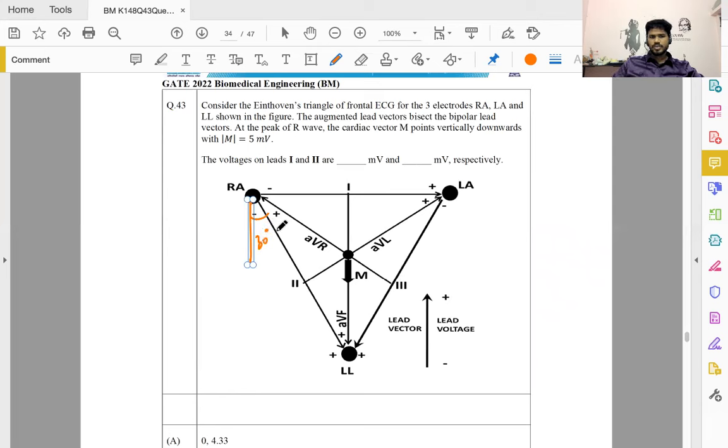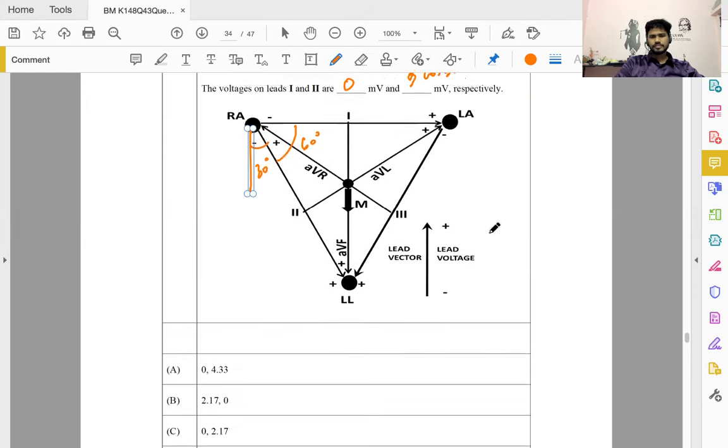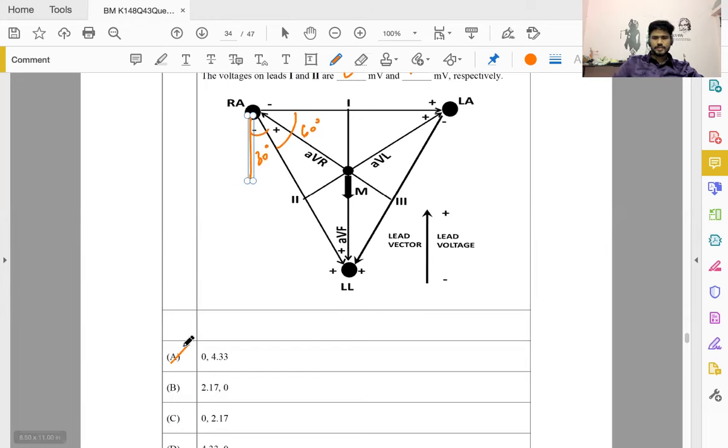Okay, lead 2 is at 60 degrees. Whether you use the figure or you recall that, lead 2 is at 60 degrees, m is vertically downwards, it has no component along I, and the component along 2 should be phi cos 30. It's this.